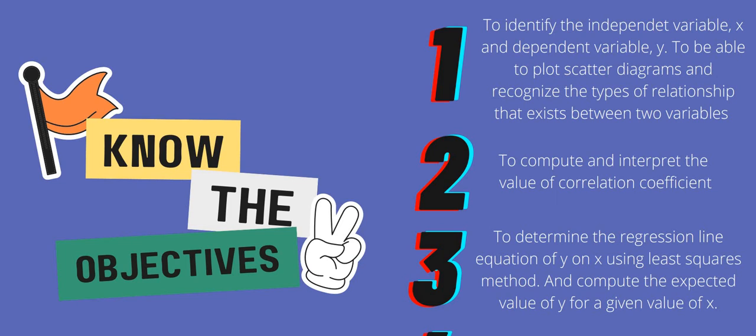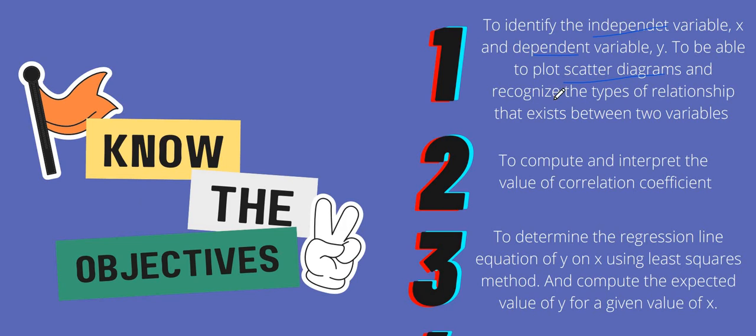After that, you will also be able to plot the scatter diagram. It means that you need to know first the independent and the dependent variable. You need to know these two first, then you will be able to plot a scatter diagram. After you plot the scatter diagram, you will be able to recognize the type or category of the relationship between the two variables.